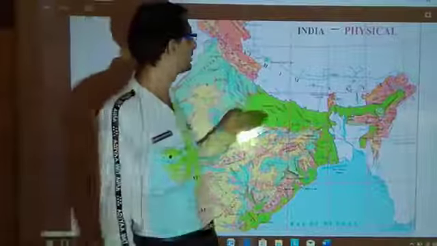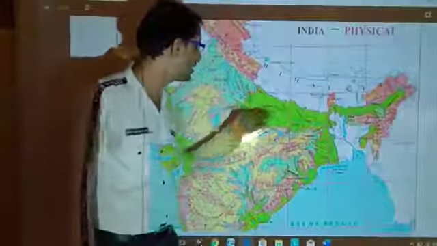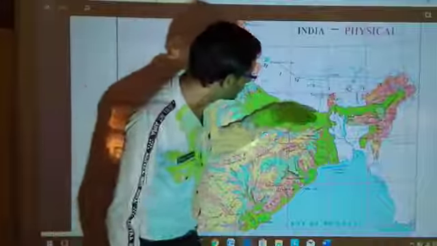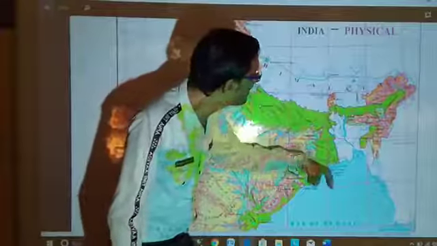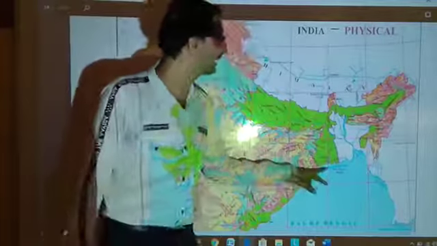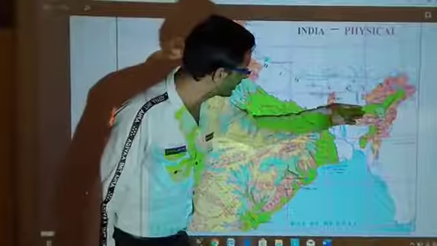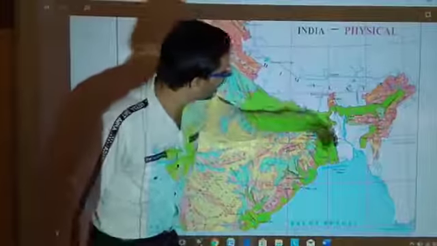This dark green region is leaning towards the northeast and towards the Bay of Bengal, meaning West Bengal and Bangladesh. Some part is going to the Bay of Bengal. Why is it greenish?